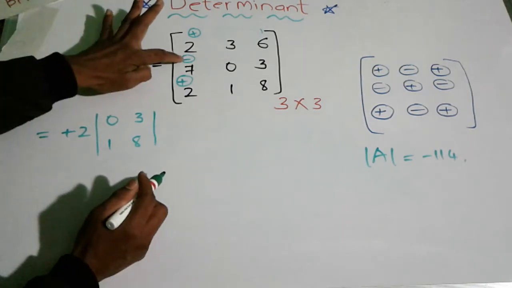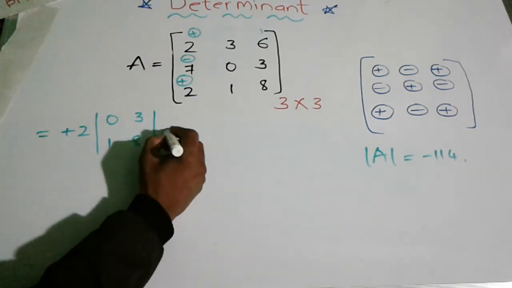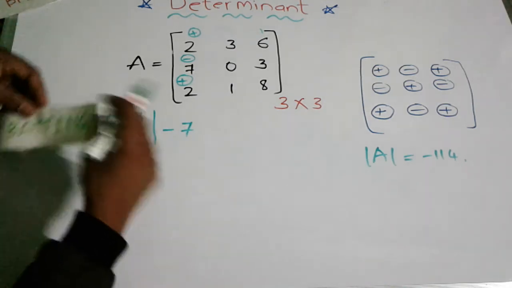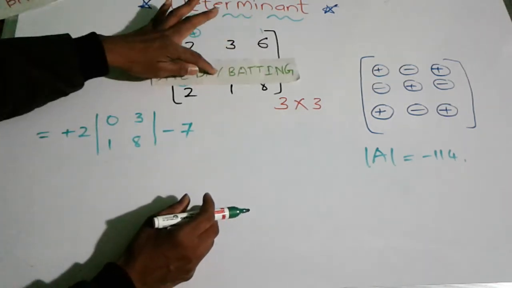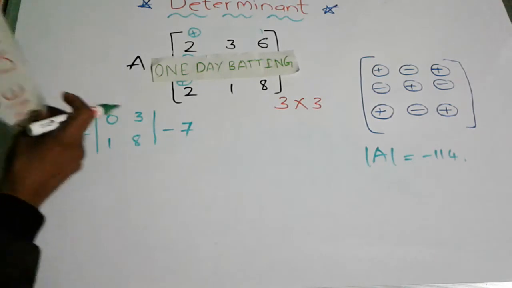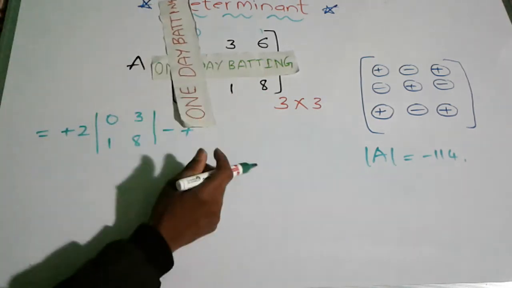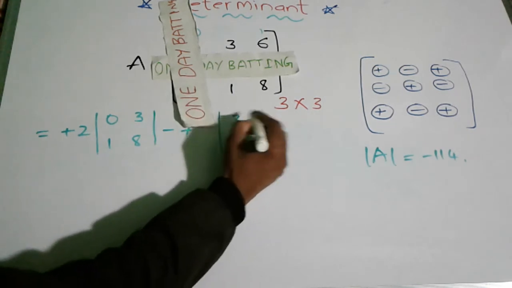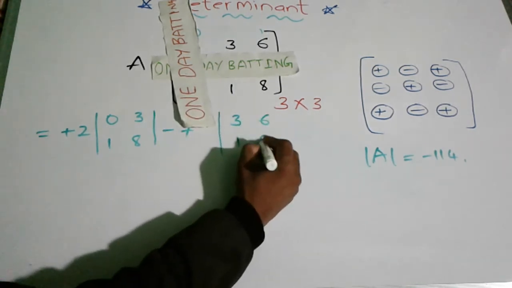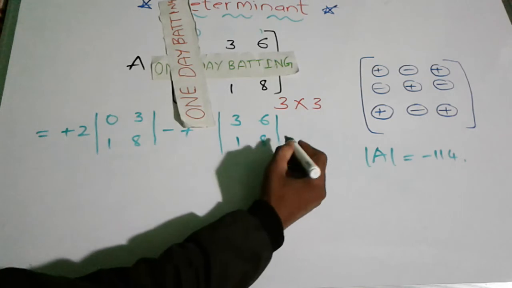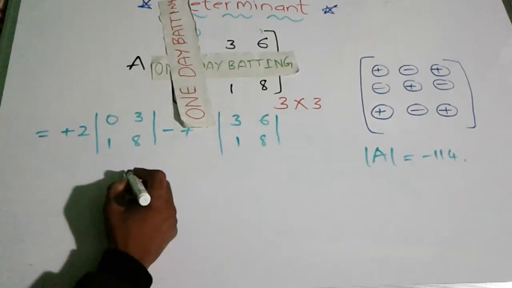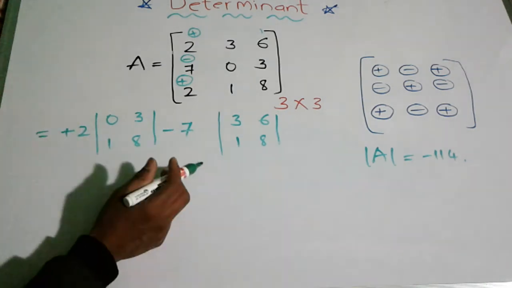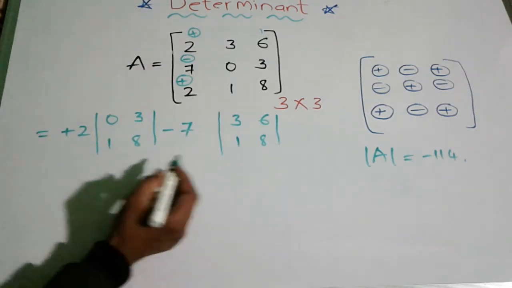We have minus sign with 7, so I am taking minus 7, so we hide this row and column elements. Then we get 3, 6, 1 and 8. Then I am removing this. Then we have positive sign with 2.